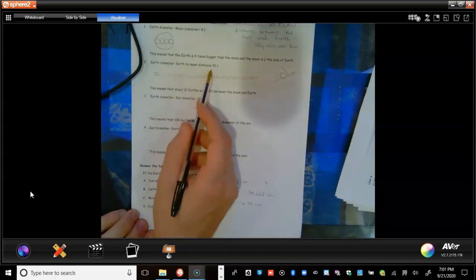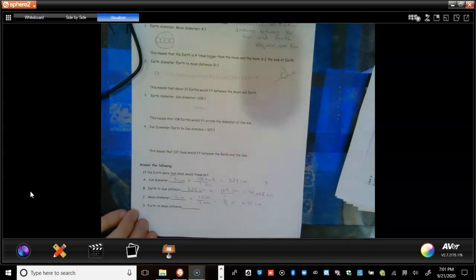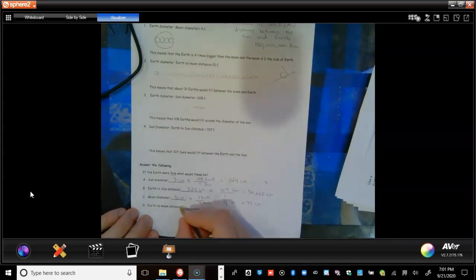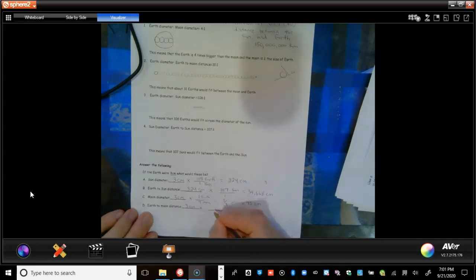Where do we have Earth to Moon distance? That's 31 Earths per 1 Earth-Moon distance. So let's see. 3 centimeters times basically 31 Earths per 1 Earth-Moon distance.